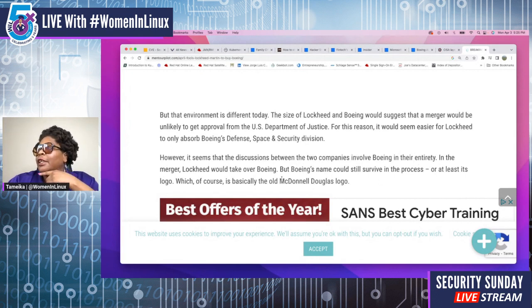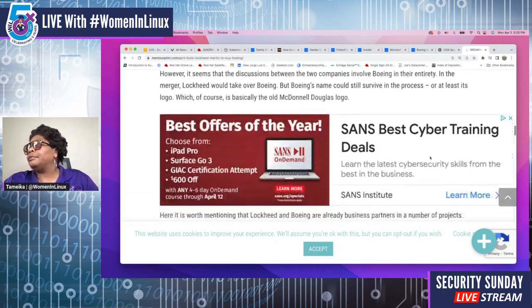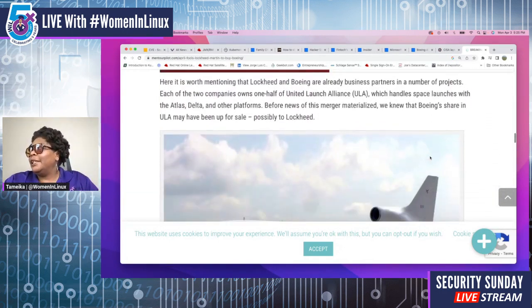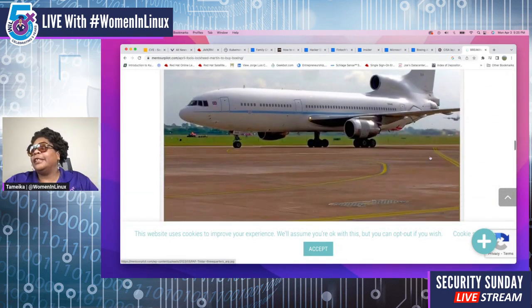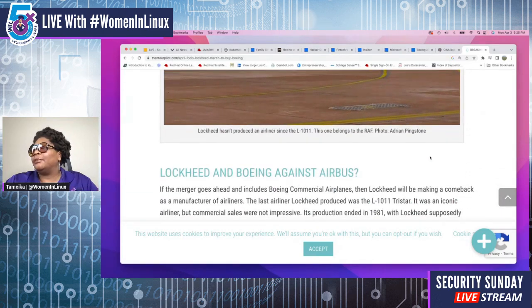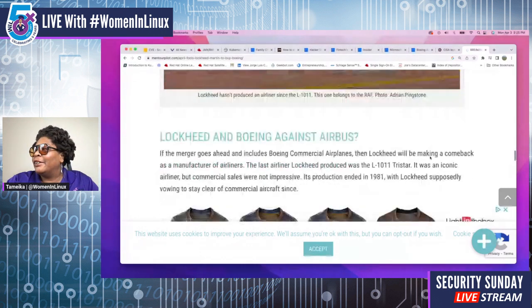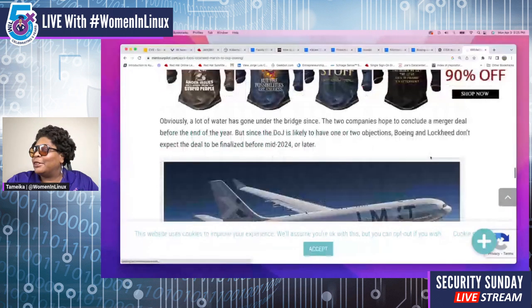In a merger, Lockheed will be taking over Boeing, but the Boeing name would still survive in the process, right? But if they did buy them, we're not just talking about government contracts. We're not just talking about the planes. We're talking about space and security. That's huge. And I just wanted to make sure I got this out here for Cybersecurity Sundays.